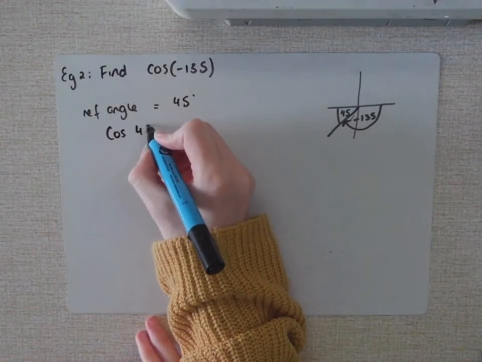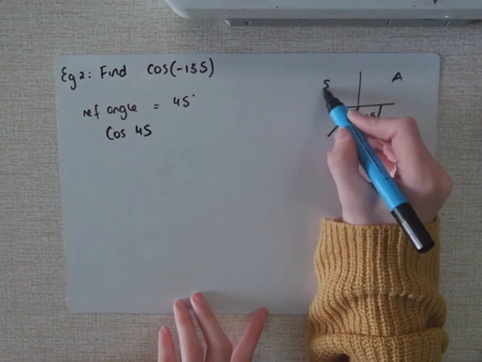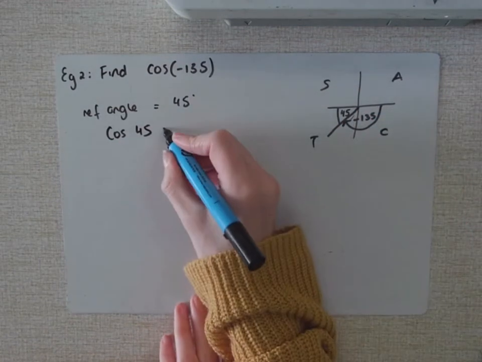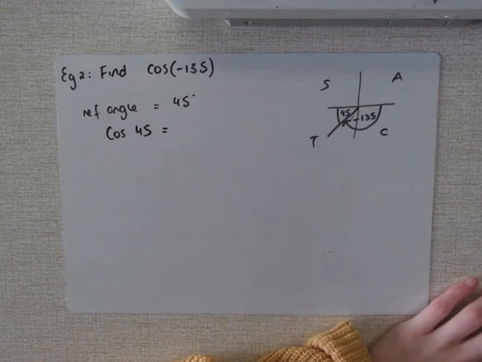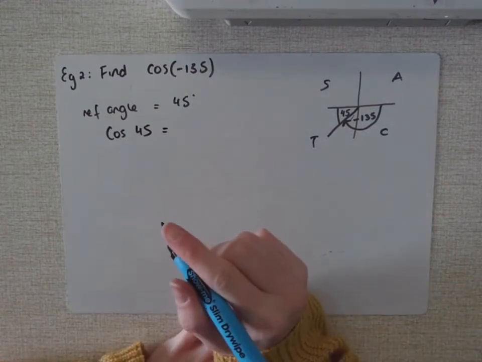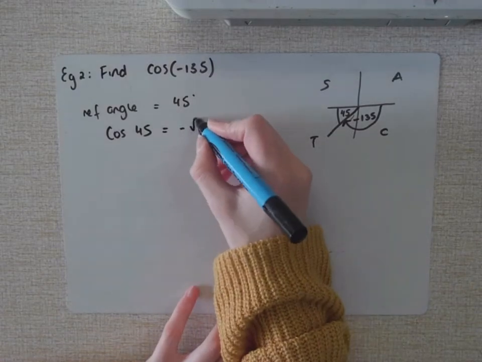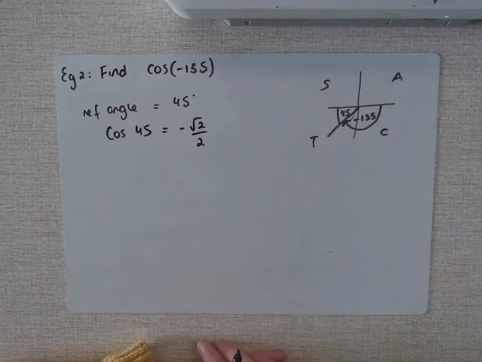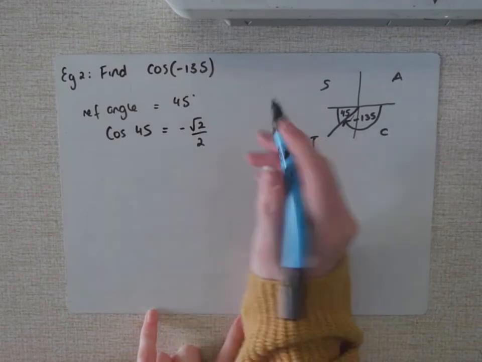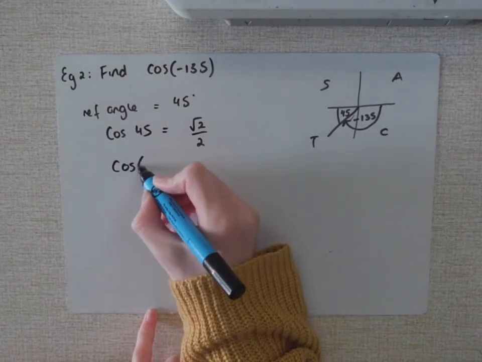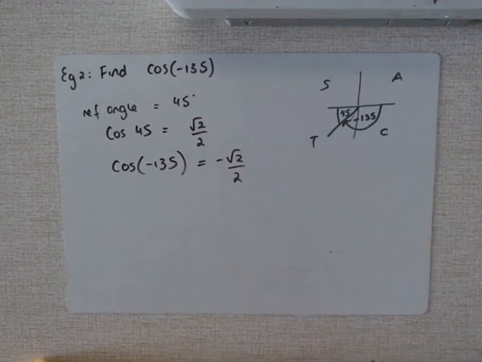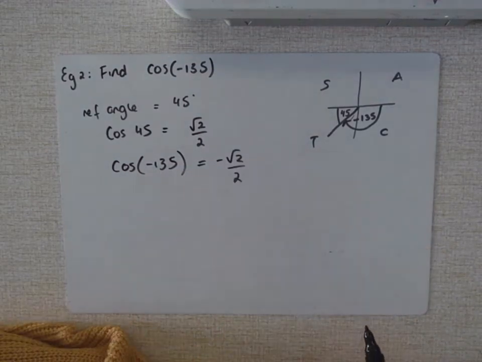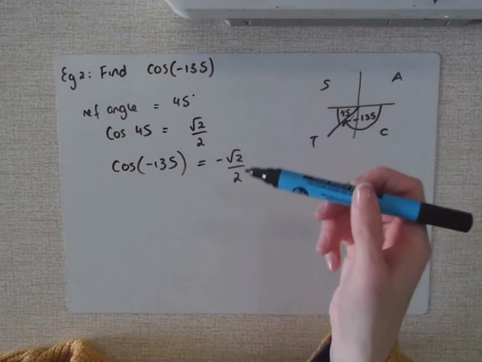Cos of 45, C-A-S-T, down there is going to be a minus, isn't it? So cos of 45 is that. Cos of minus 135 is your minus. So figure out what your reference angle is and then figure out the sine of it.